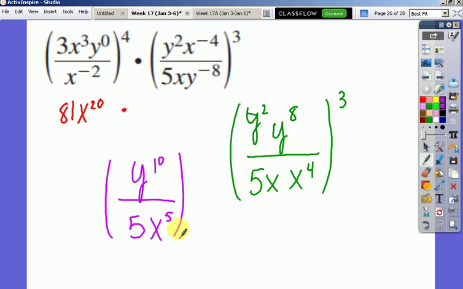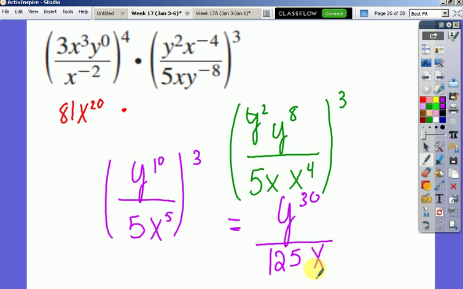And you're raising all of that to the 3rd power. So what am I raising to the 3rd power? Y to the 10th. So y to the 10th raised to the 3rd power is what? Y to the 30th. And then I'm raising the 5 to the 3rd power, and I get 125. I'm raising the x to the 5th to the 3rd power, and I'm getting x to the 15th. Okay, that's the other side.